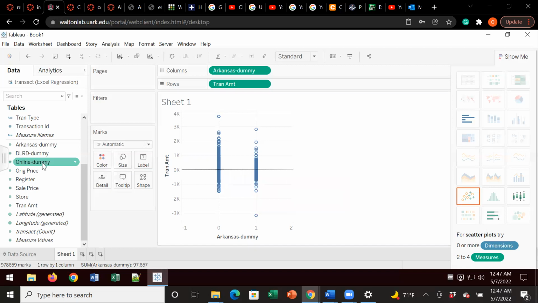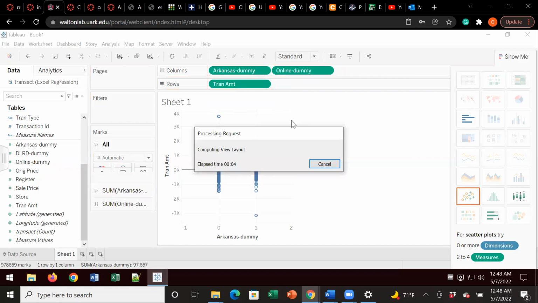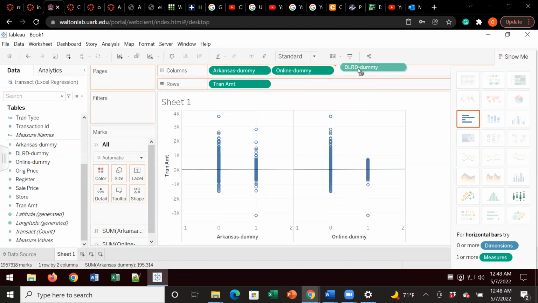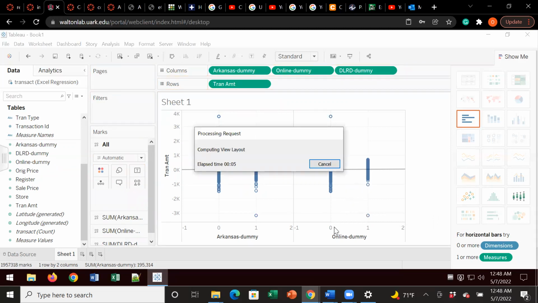And so the next thing we want to do is grab online dummy and drop it off on the columns, and it should load. After that's done, we just have to add the Dillard's dummy as well to the columns. Same as before, this just shows us 0 and 1 of not online and online transactions.